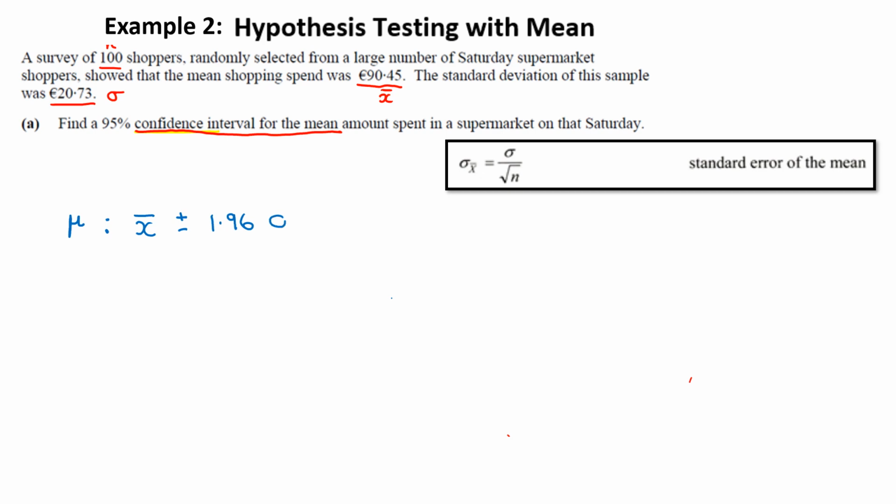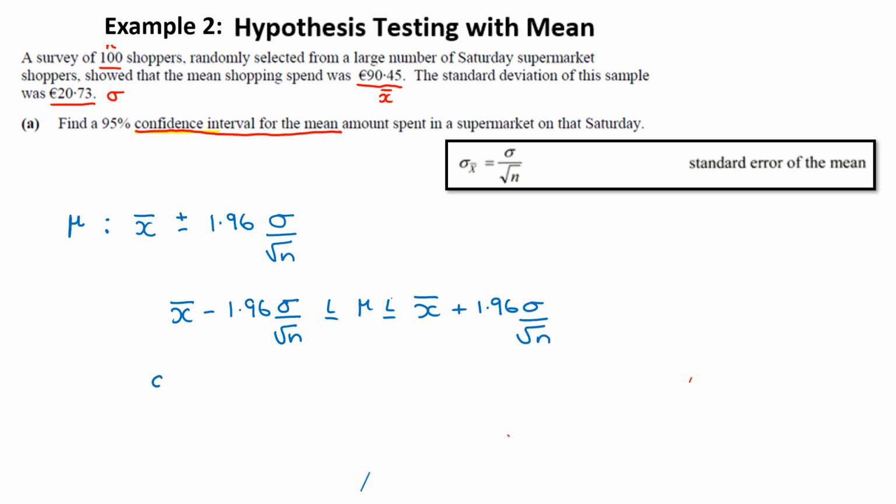And then we have the standard error of the mean, sigma over root n. How that actually looks is X bar minus 1.96, standard deviation over root n, is less than or equal to mu, is less than or equal to X bar plus 1.96, standard deviation over root n.